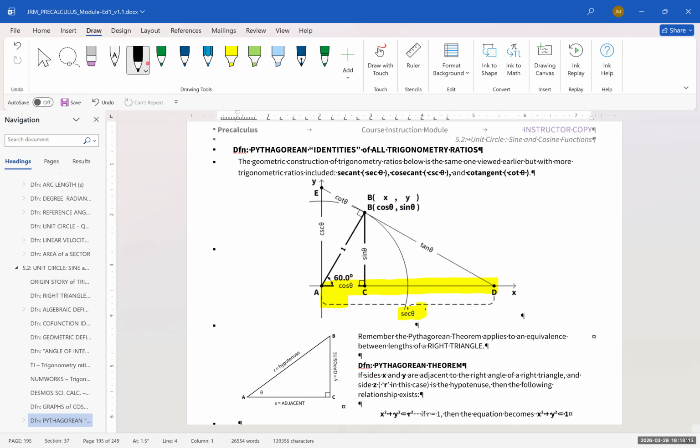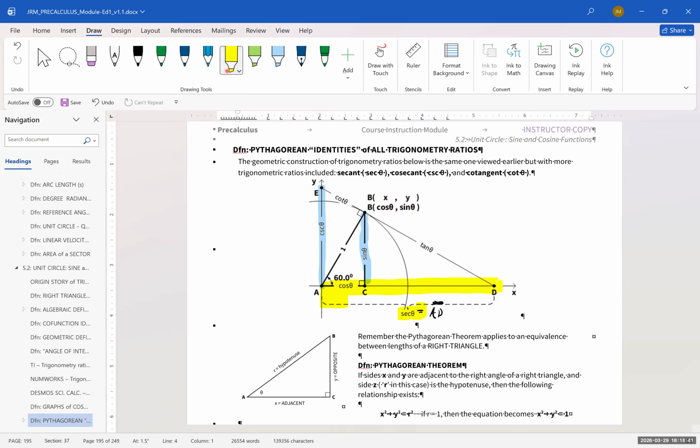So let me do AD like that. Okay, and then we have sine, and the reciprocal of sine is cosecant, which is the length of that line segment. And notice where the termination of these reciprocals are.